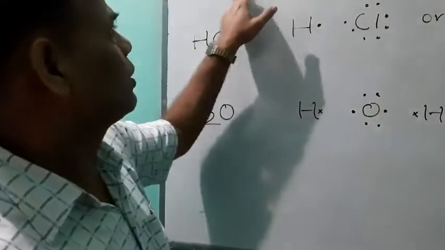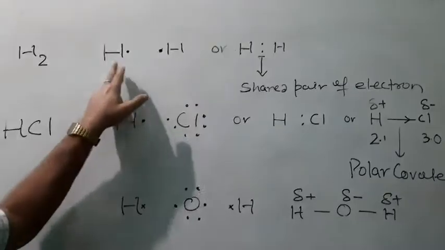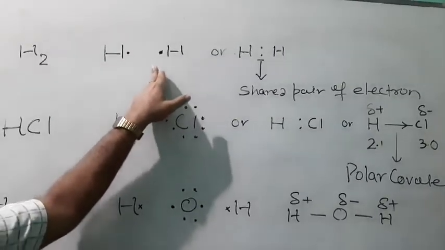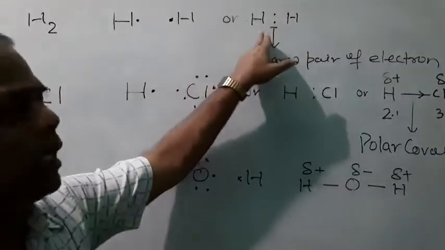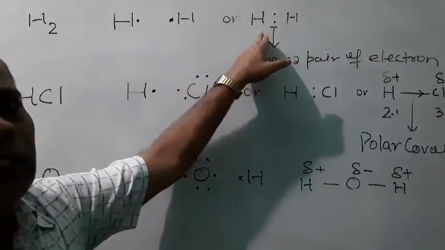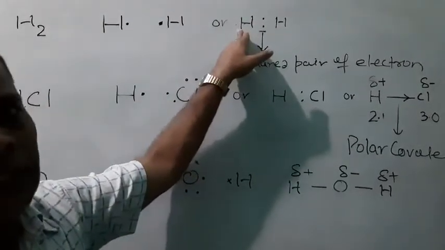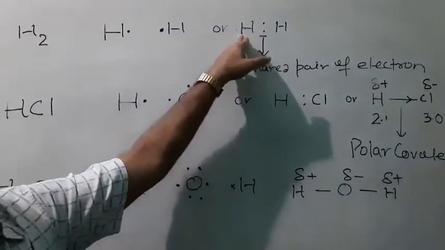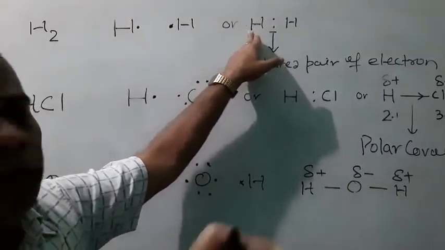Just now you saw that when the two same atoms are connected by covalent bond, then the shared pair electron is at equidistance from both the nuclei. As a result, the bond so formed is called non-polar covalent bond.